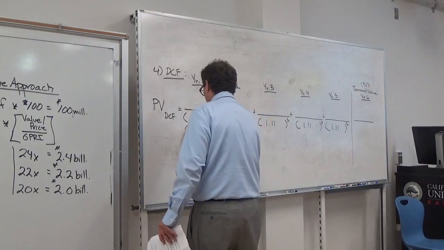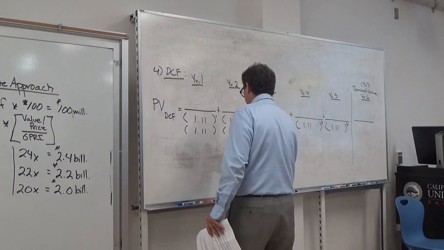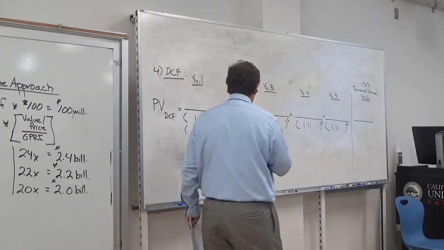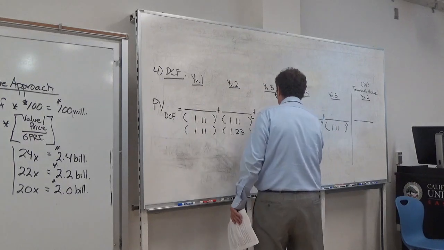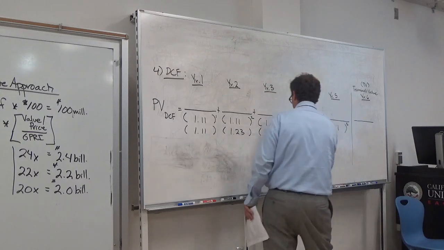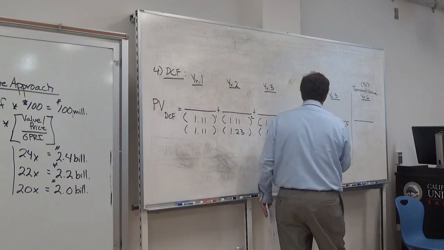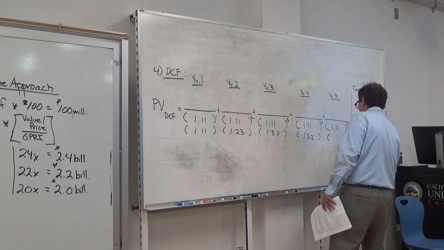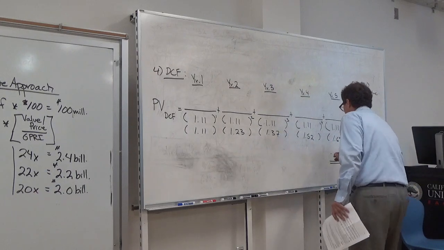And what is 1.11 with 1? 1.11. What's 1.11 squared? 1.23. 1.11 cubed is 1.36. What's 1.11 to the 4th? 1.52. And 1.11 to the fifth is 1.69. Got it.